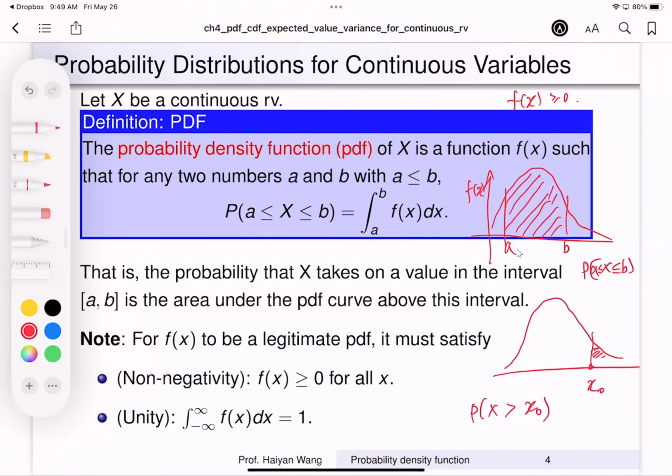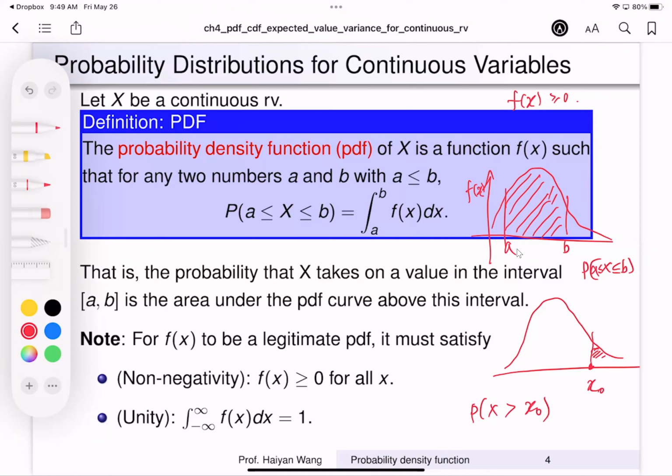For F to be a legitimate PDF, it has to satisfy that one is non-negative, because if you have a negative part, and then the interval on that negative part, when you integrate it, it will become negative, but we can never have a probability being negative. So this F has to be always greater or equal to 0.